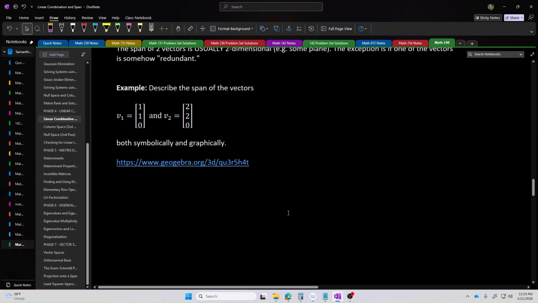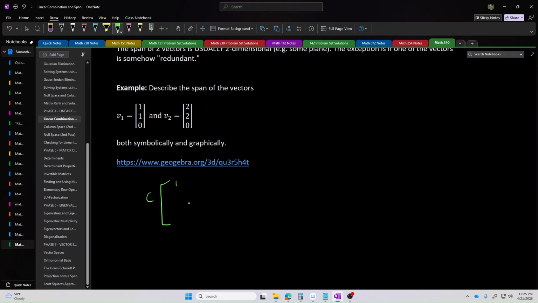Once again, let's go ahead and describe the span of these vectors both symbolically and graphically. So first of all, in symbols, I'm going to go ahead and consider what would happen if I combine c times 1, 1, 0 with d times 2, 2, 0.